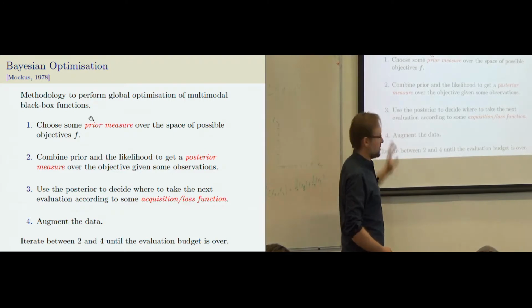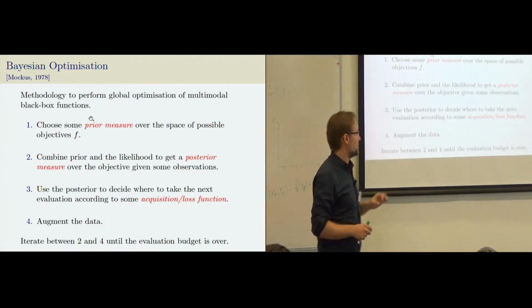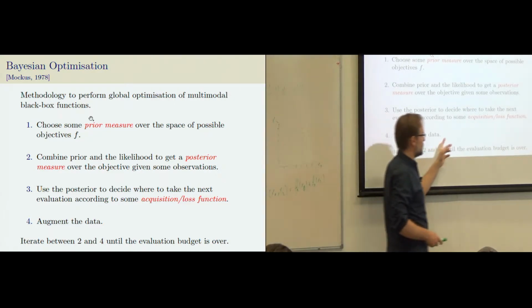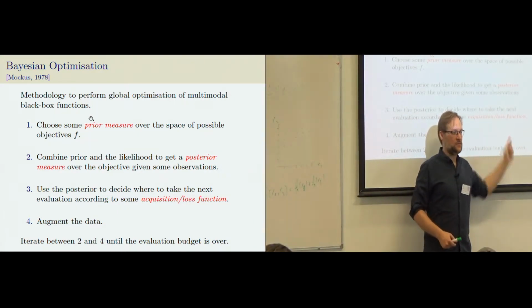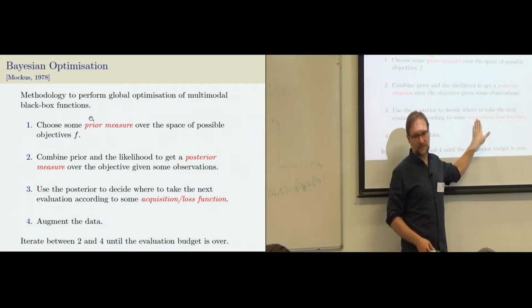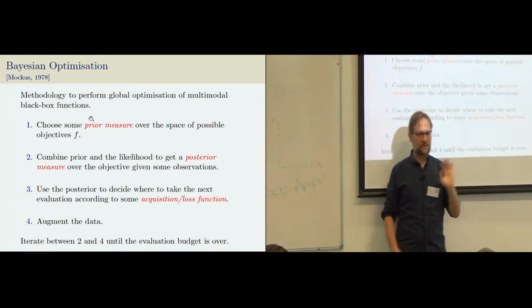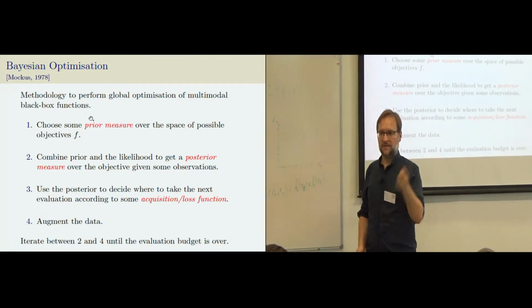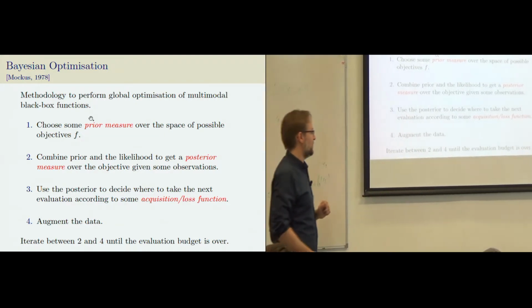And once we have the measure over f, what we are going to do is build an acquisition or loss function that is going to represent our design goal, right? So this is something that we haven't done yet, and mainly the rest of the talk is going to be about how we build these acquisition functions so we can actually drive the search and find the optimum as soon as possible, right, with the minimum number of evaluations.